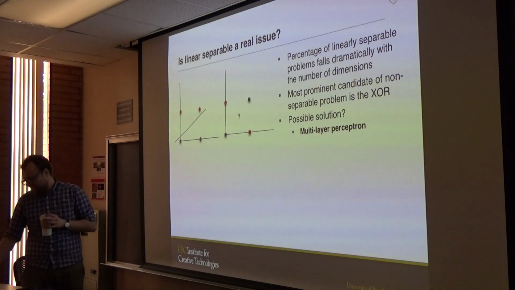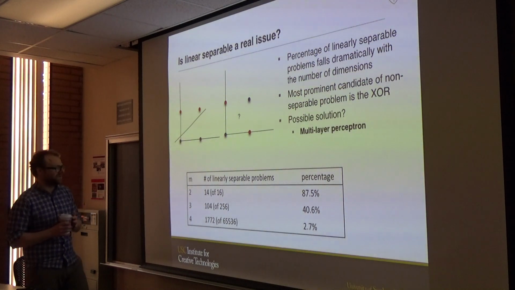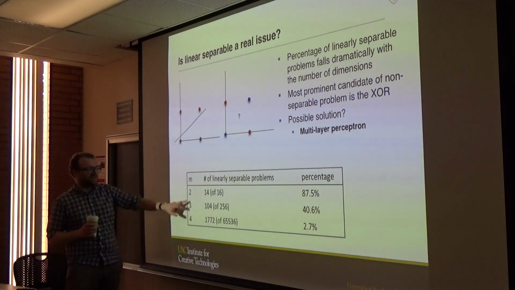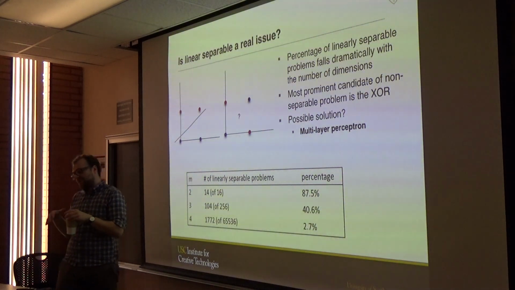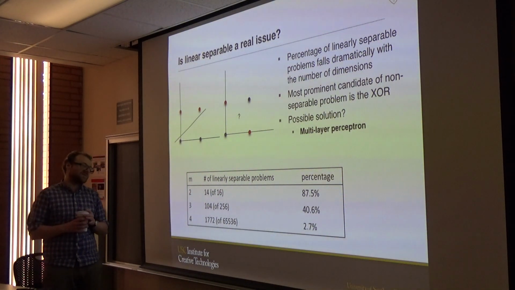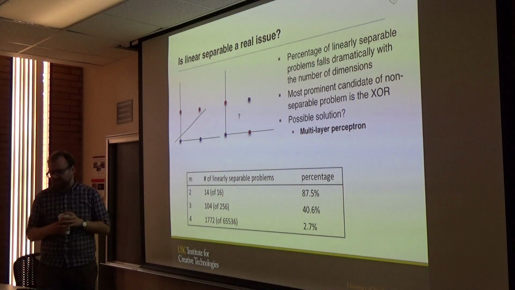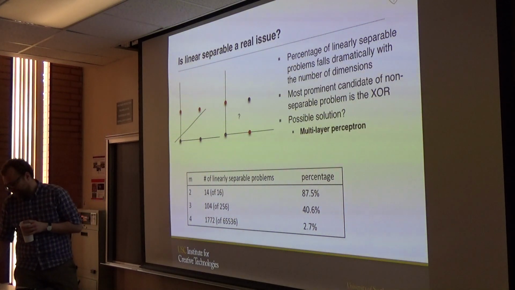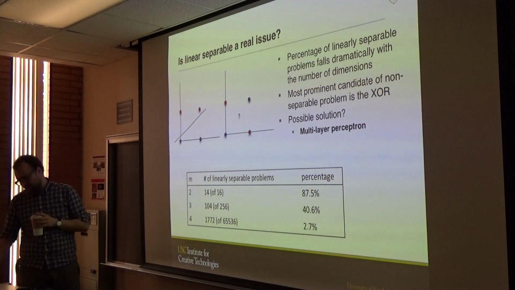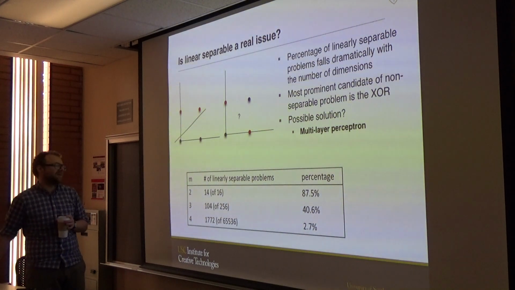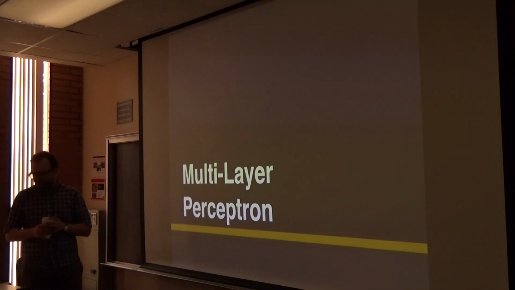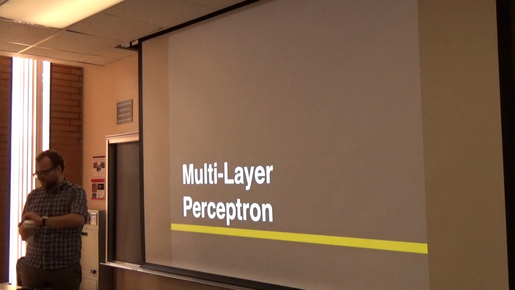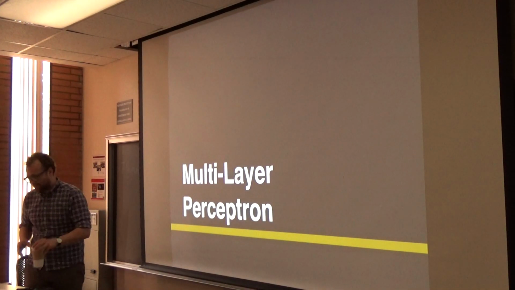Well, the percentage of linearly separable problems with a higher number of dimensions gets reduced very quickly. So the more complex problems really need to be solved by more complex systems, and the neural network architecture that we're going to talk about that helps us solve these more complex ones is called the multi-layer perceptron. We can take a 10-minute break and then continue on that one.